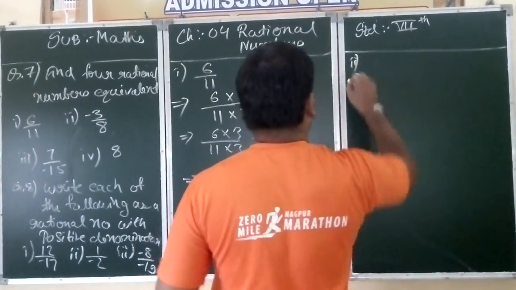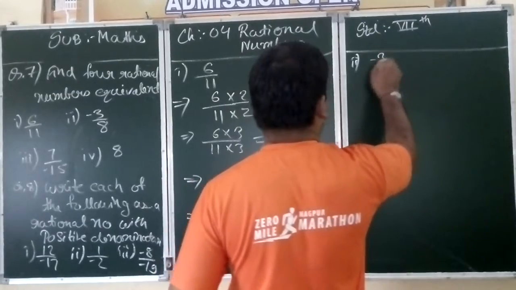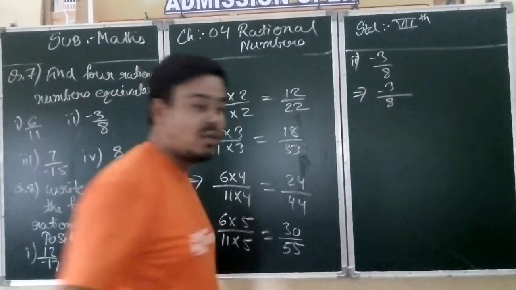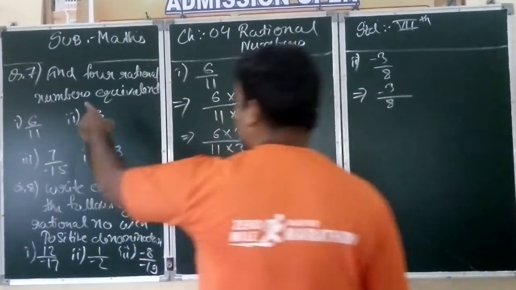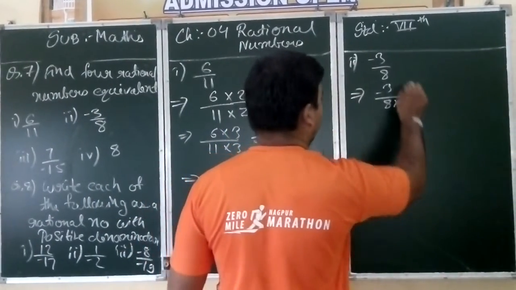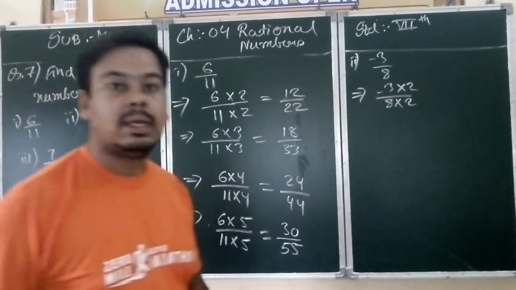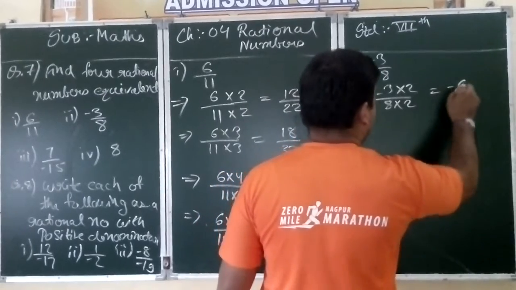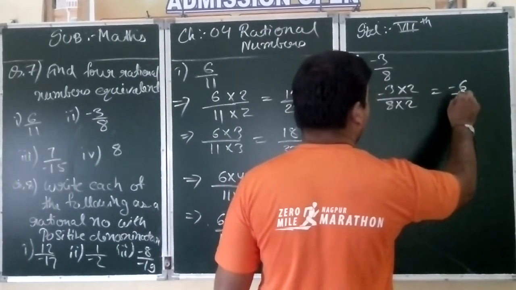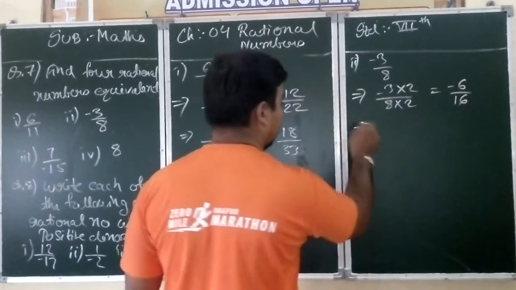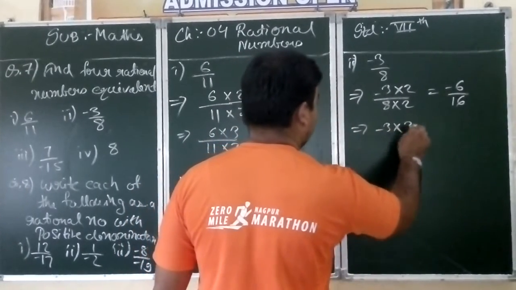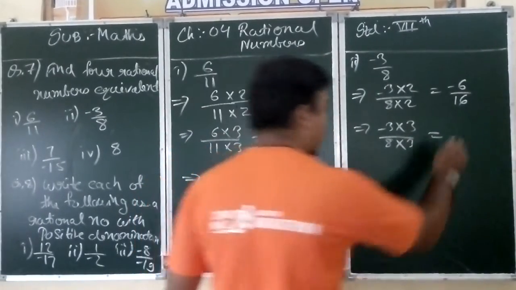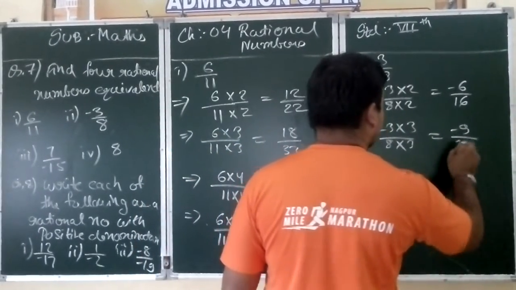See the second number, minus 3 by 8. Now for minus 3 by 8 again we start from 2. We find 4 rational numbers, starting from 2 and ending with 5. So minus 3 into 2 is minus 6, 8 into 2 is 16. Minus 3 into 3 is minus 9, 8 into 3 is 24.